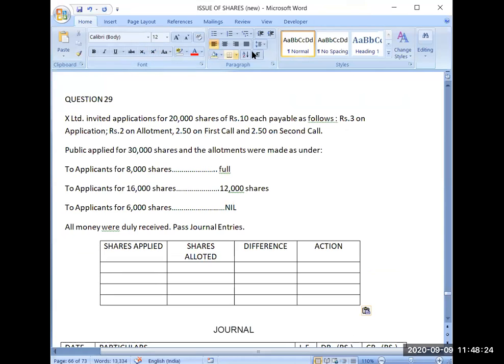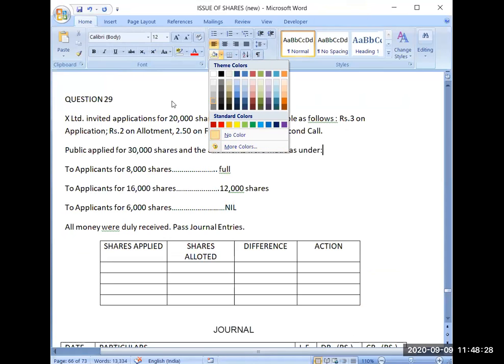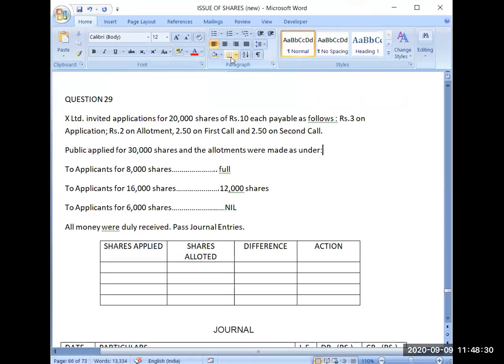Okay, now see, read this question carefully and tell me what number of shares I should write here. First step, what should I do? First step is identification of number of applications received.